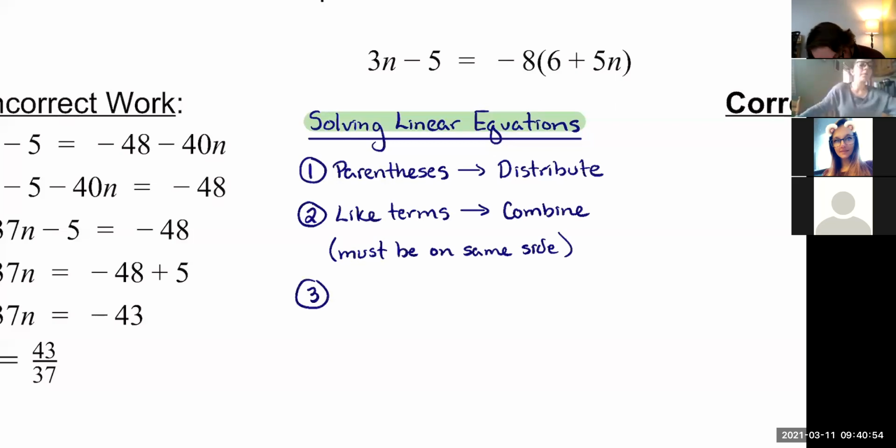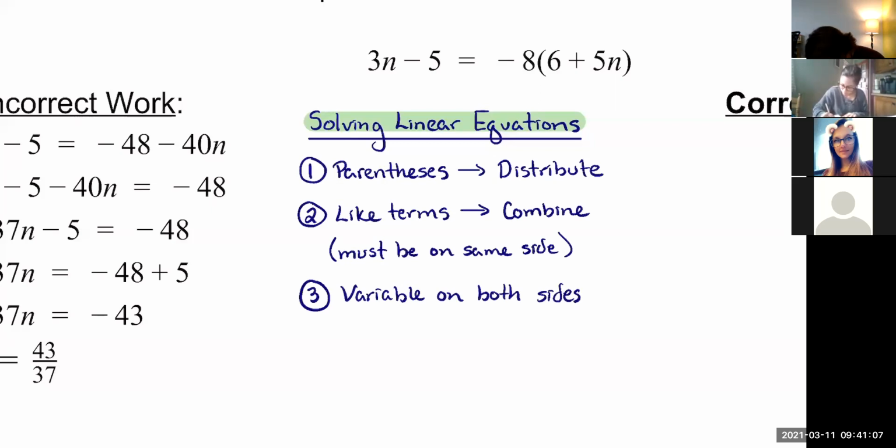Third thing you consider is if the variable is on both sides. At this point, technically, I said you could move either, but my recommendation was usually to move the smallest.